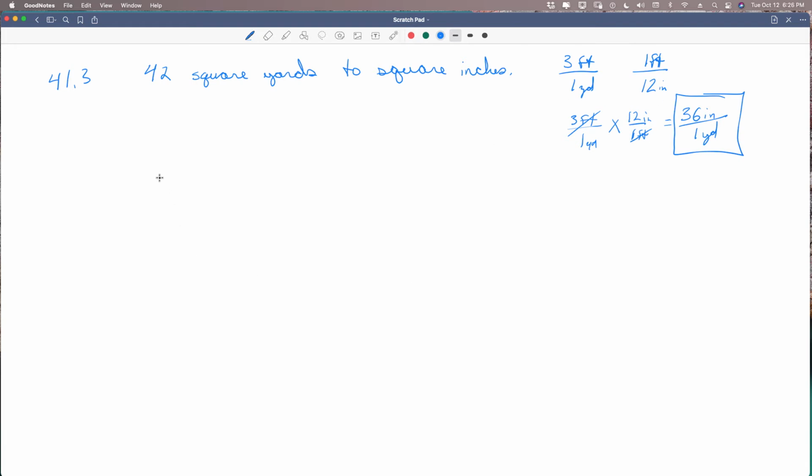So we're going to do it the long way. First, we have to recognize what we have here. And what we have here is 42 yards squared, and we want to go to inches squared. So we're going to bring this down, and we're going to say 42 times yard to the 1 times yard to the 1, which makes yard to the second, over 1 times, let's use yards.